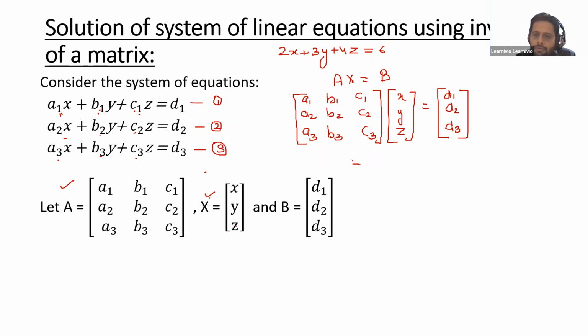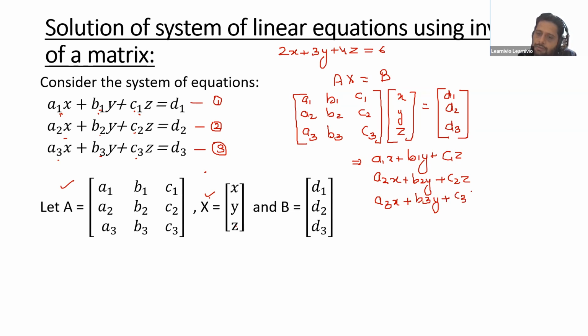We will multiply the first row with the first column. So we will get a1x plus b1y plus c1z. Next is a2x plus b2y plus c2z. Next is a3x plus b3y plus c3z. And this is equal to d1, d2, d3.